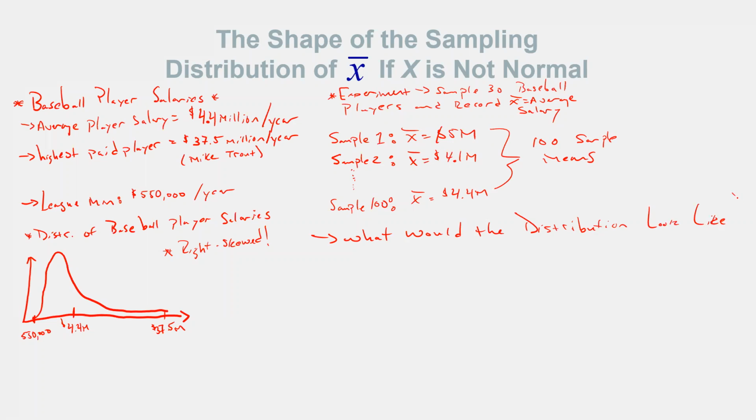Well, it turns out it's really amazing. Here's the average baseball player salary, which is 4.4 million. The first sample ended up being 5 million, over here. Sample 2 ended up being 4.1 million, over here. If I were to show you what all 100 samples looked like, you would see this.